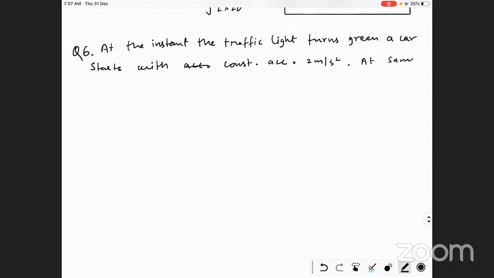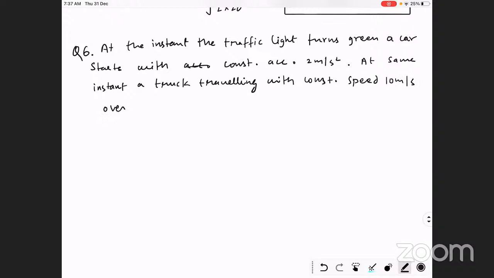At the same instant, a truck traveling with a constant speed of 10 meter per second overtakes the car.